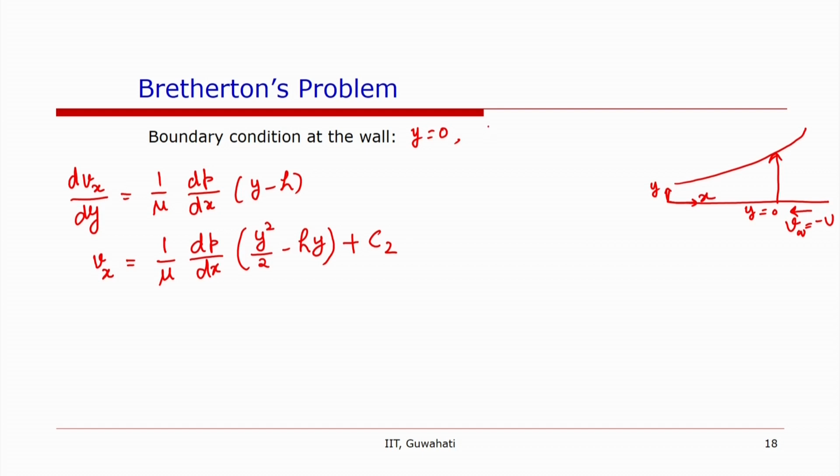So at y is equal to 0, Vx is equal to minus u. We substitute that here, then minus u is equal to C2. So that gives us Vx is equal to 1 over mu dp over dx, y square over 2 minus hy, minus u.